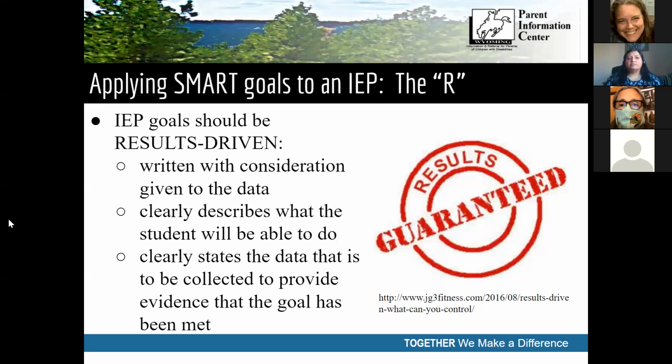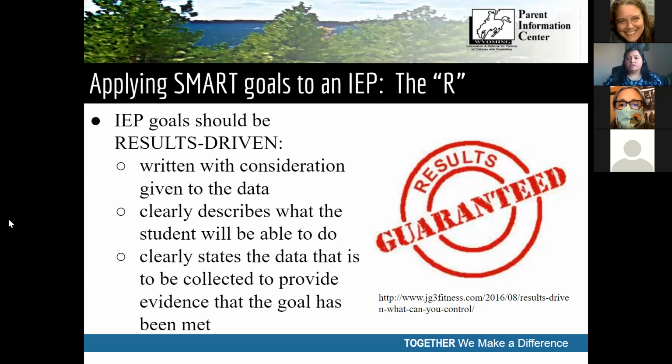And you want those goals to describe what the student's able to do. You need to write the goal in a way so that if Joe Schmo off the street is looking at it, he knows exactly what that child is supposed to be able to do by the end of that IEP year. If the goal is murky, like "Joe is going to read on grade level by the end of this IEP year," well, what does grade level mean?